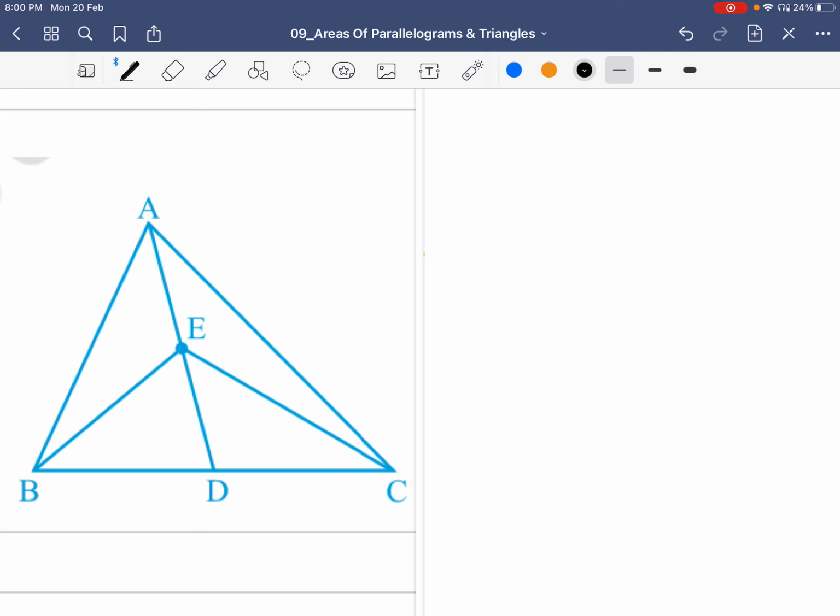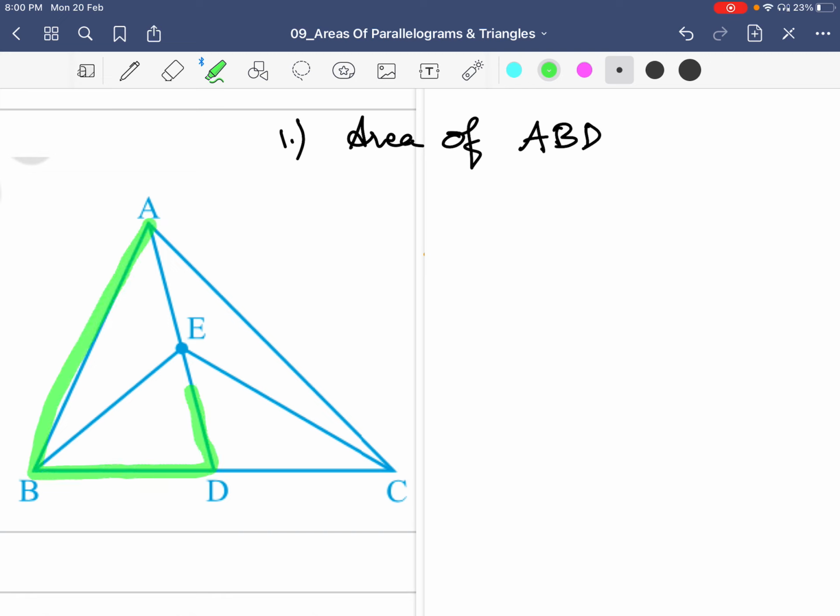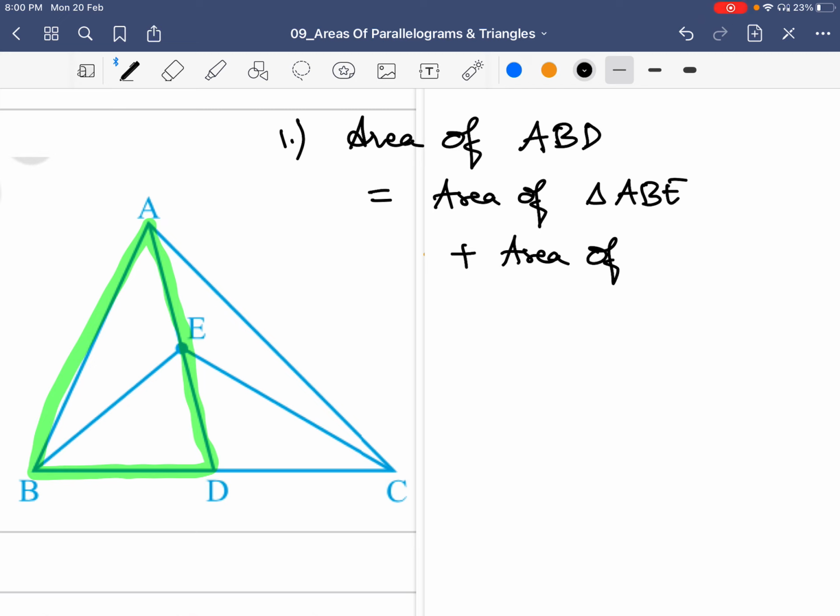Okay, so point number one is going to be this. Area of ABD. I'm going to highlight as I write it. So area of this triangle ABD. What is that made up of? It is made up of two triangles. Area of triangle ABE plus area of triangle EBD. So this triangle area ABD is made up of this triangle and this triangle.